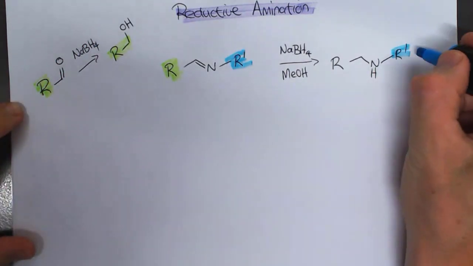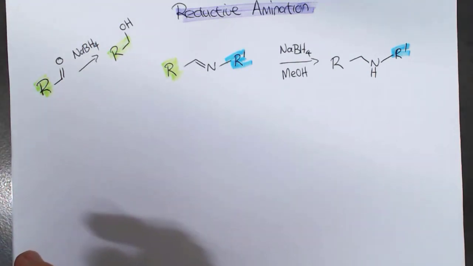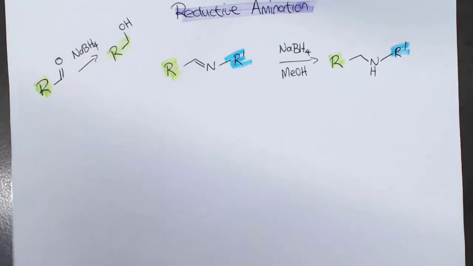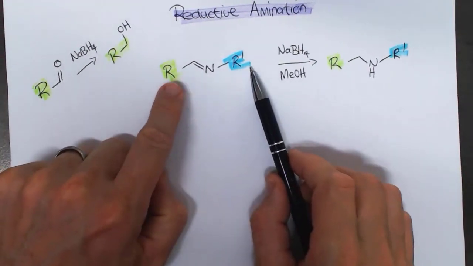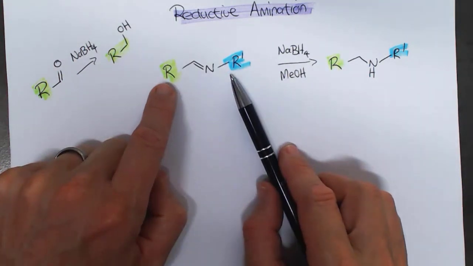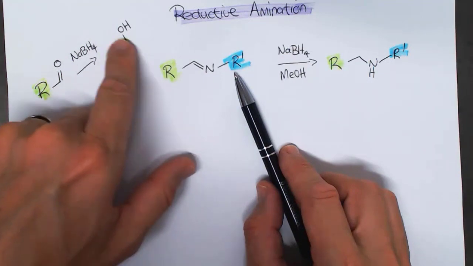Now that's a very useful product, because if you think about it, we have effectively brought together two different components. This R group over here might be quite large. It could be something small, like a methyl or ethyl, but it could be a very complicated molecule.